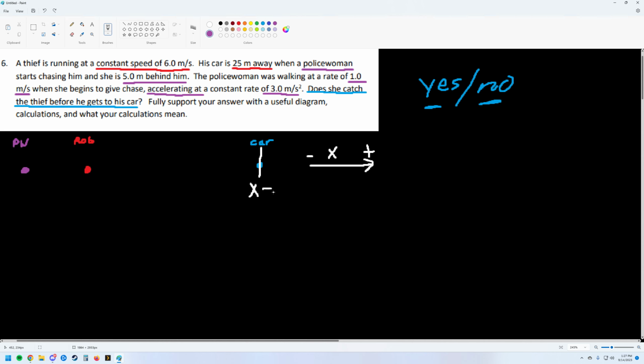Or to make it easier, we can have the final position be 30 and have him start 5 meters in and have her start at x0, her initial starting point. Then we'd have his x0, his initial starting point, equal to 5. Both of their finals are going to be the same.